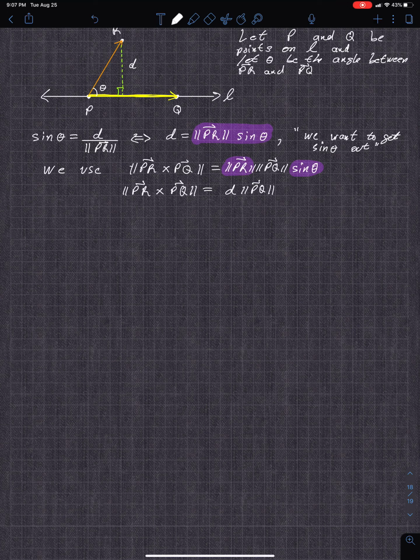Then you just divide out your magnitude PQ and you have your formula. So D is equal to magnitude of PR cross PQ divided by magnitude PQ.